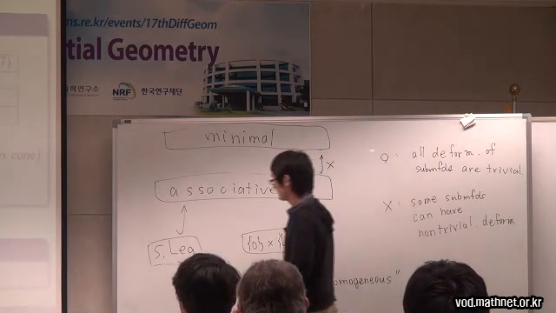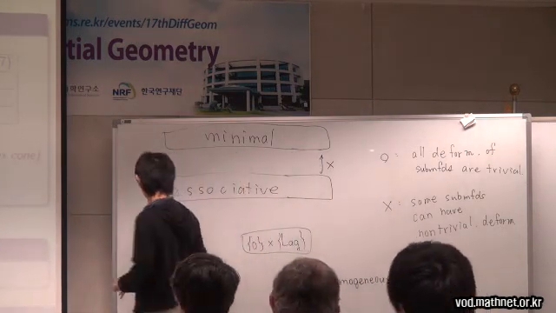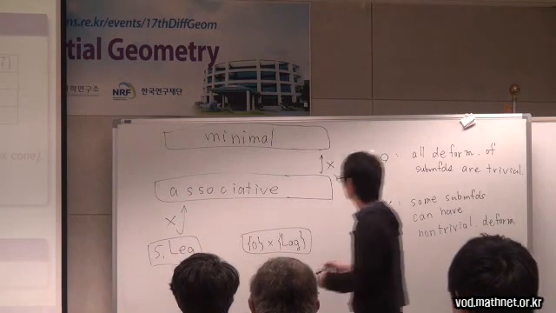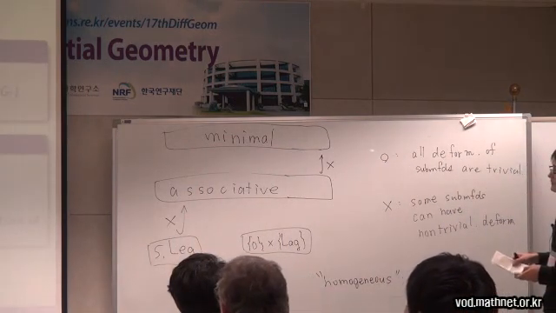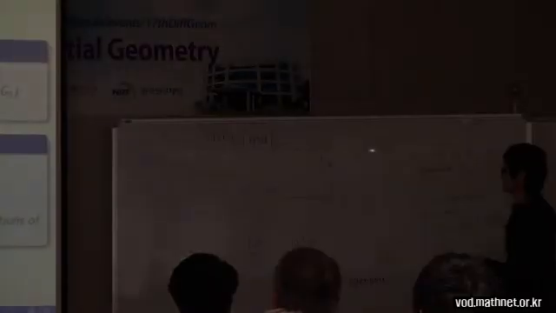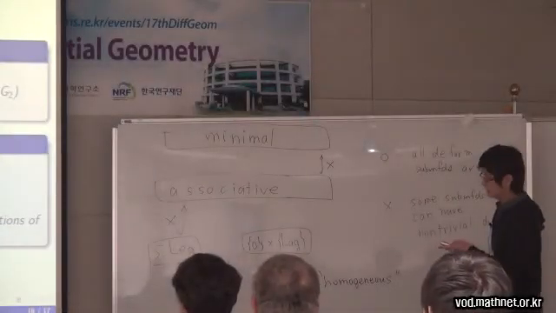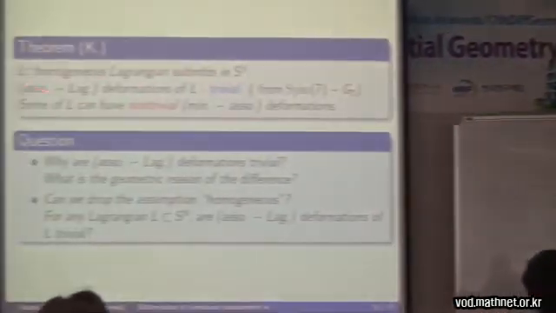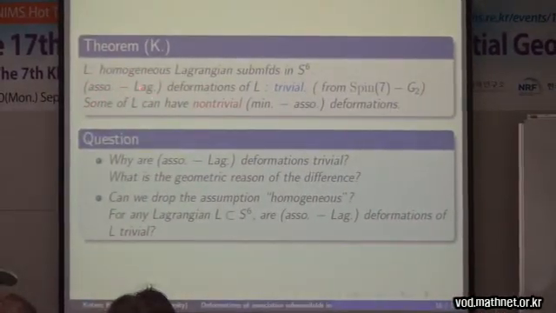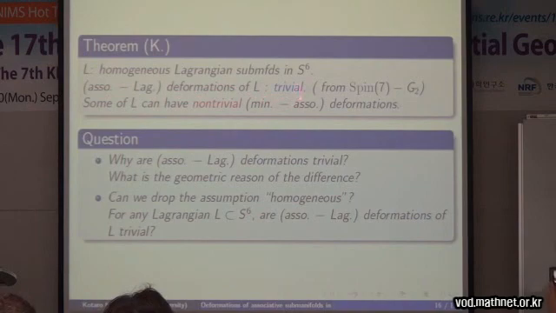And from the next theorem, we see that this is equal to the cross. But if we consider Lagrangian, if L is a homogeneous Lagrangian submanifold in S6, then associative and non-Lagrangian deformations of L are trivial, which comes from the Spin(7) minus Z2 action. So here, this inclusion we make circle.